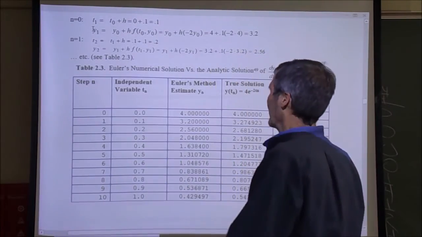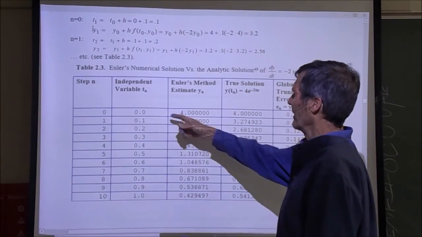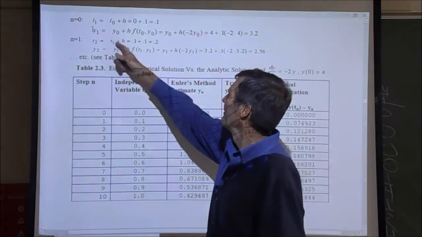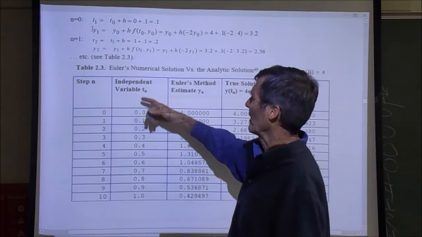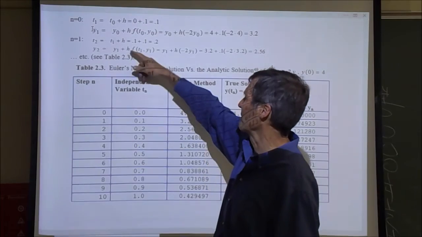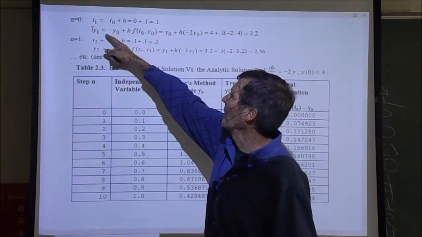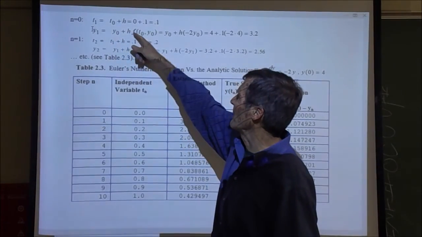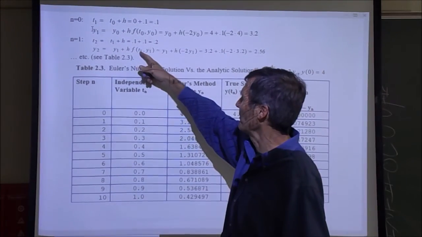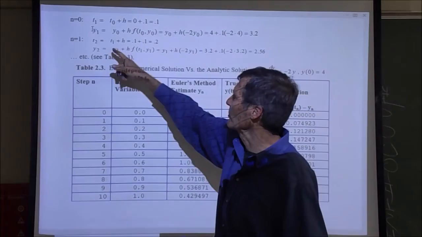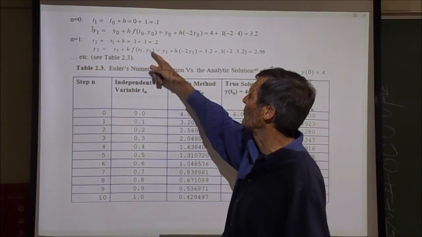Sorry, my camera timed out. In each step, you increment t by the same amount, 1/10. It doesn't have to be the same, but for our examples, it will always be the same. And then you take y1 equals y0 plus h times f(t0, y0). y2 is y1 plus h times f(t1, y1). y3 is y2 plus h times f(t2, y2).